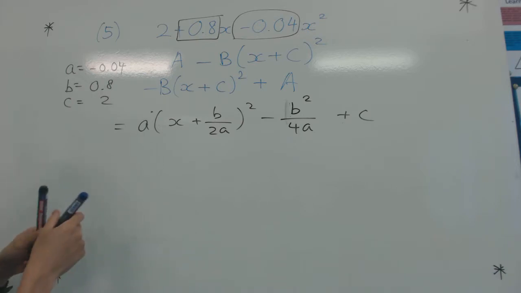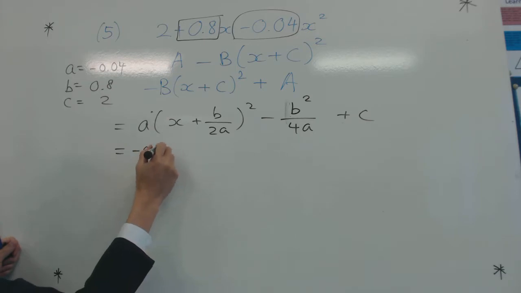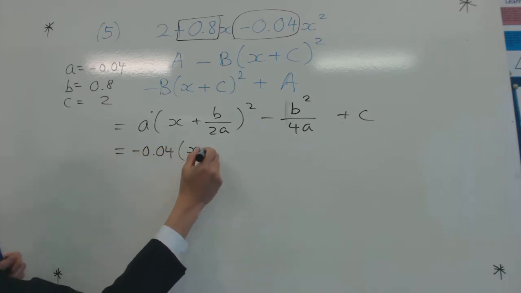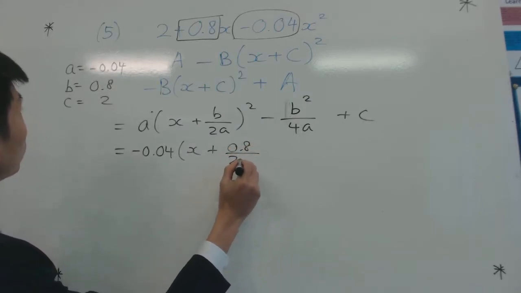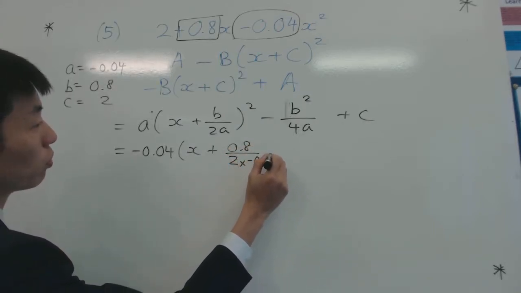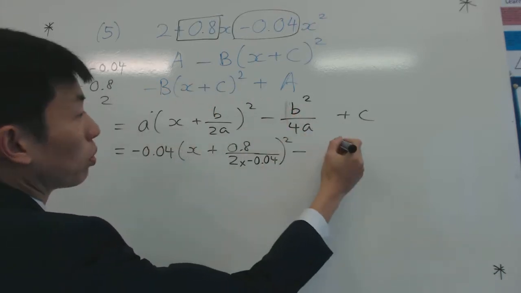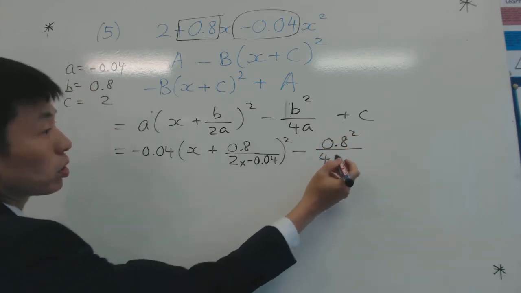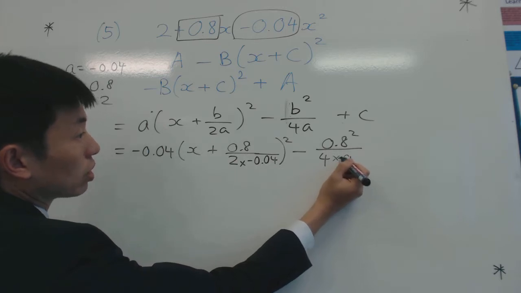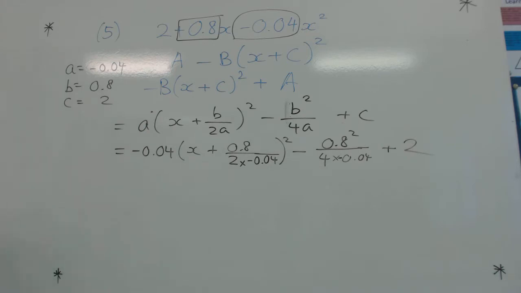So put this into the expression then, we would have minus 0.04, open bracket x plus b, which is 0.8, over 2 times minus 0.04, squared, minus b, 0.8 squared, over 4 times minus 0.04, plus 2.